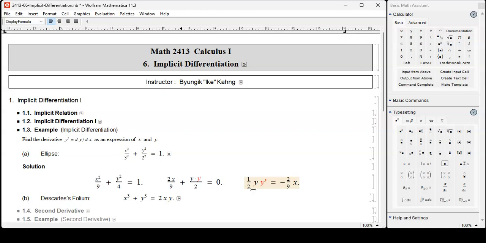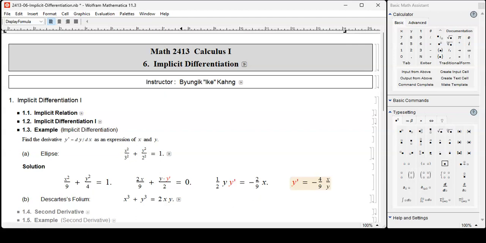Okay, all right, and flip away all these. Y prime is equal to, let's keep this red, and then multiply away 2, so negative 4/9. But then again, I have to divide away y. That's going to be my answer.